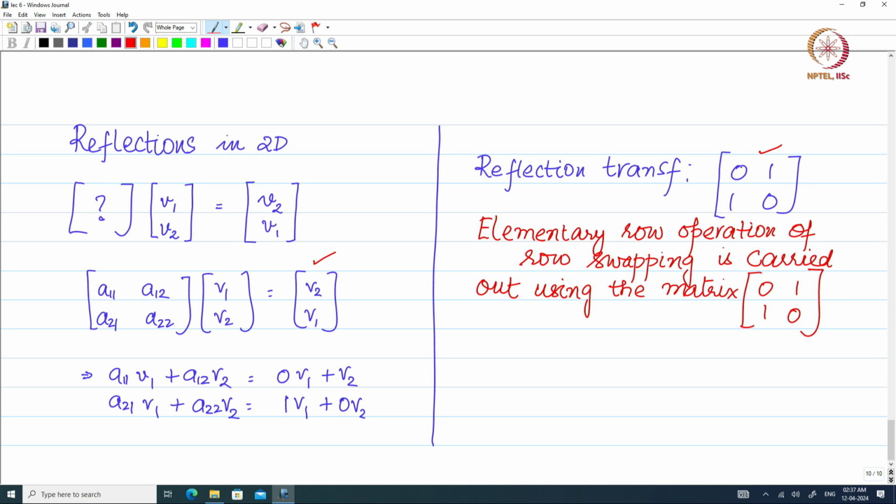So in order to undo the effect of swapping, apply the same transformation again.